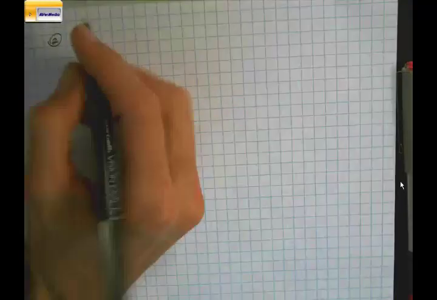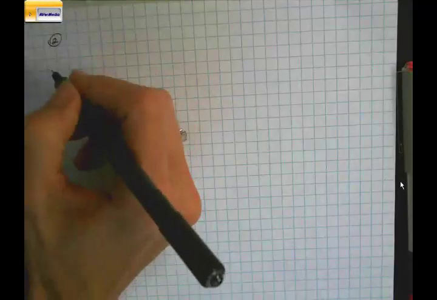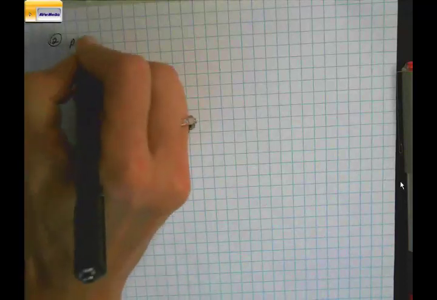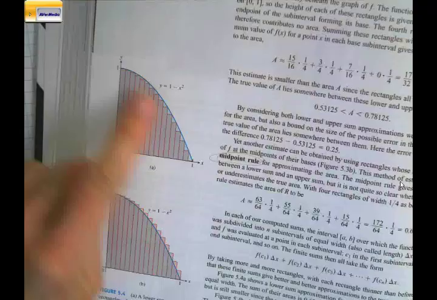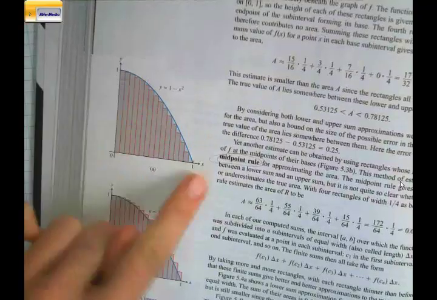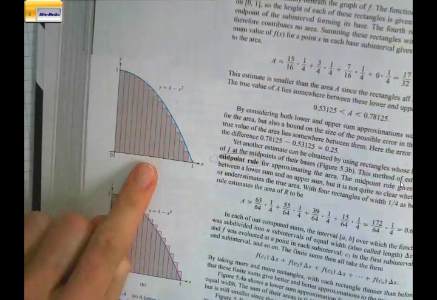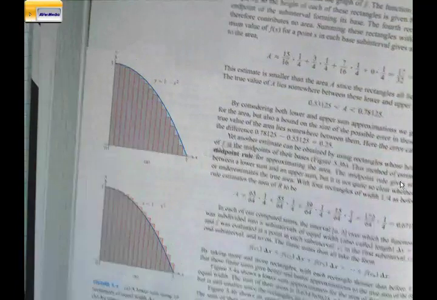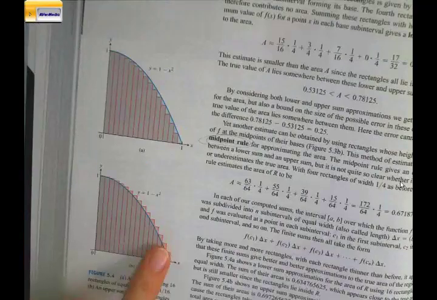Okay, I'm going to open the textbook and show you some diagrams which help you have a better vision of this. I think I'm going to page 248. They have nice colored diagrams. You can see in these figures in the left column, this is the lower sum where all of these rectangles are under the curve, and this is the upper sum where your rectangles are above the curve.